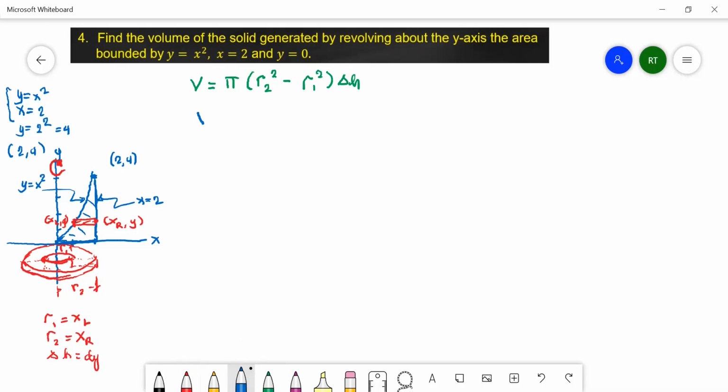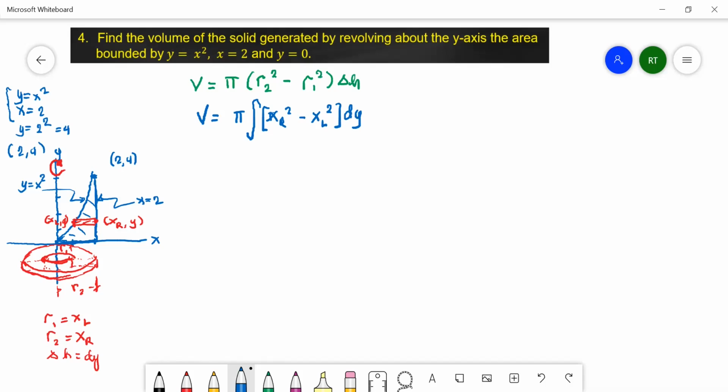So the volume of the washer, which is formed by revolving the representative element about the y-axis, is equal to pi times the integral of, okay, r sub 2 is xr. So we will have here xr squared minus r sub 1, which is xl, so xl squared, times the thickness, which is the differential of y.